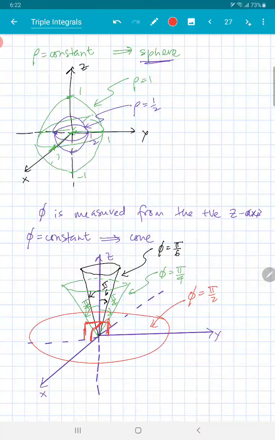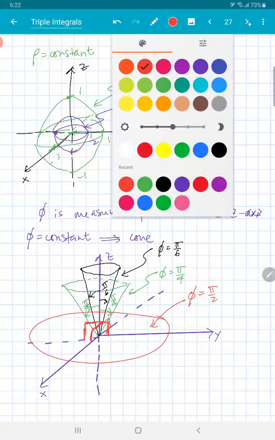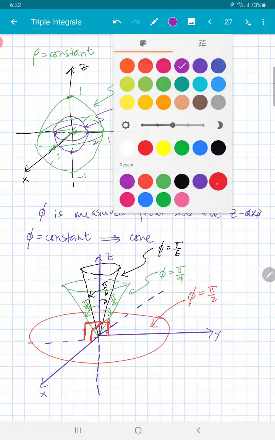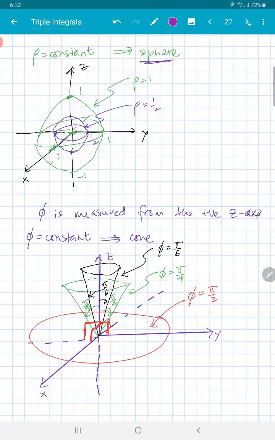Now, if we make it larger, let's say here we have another cone. Let's say this is 45 degrees, pi over 4, and this is also pi over 4.